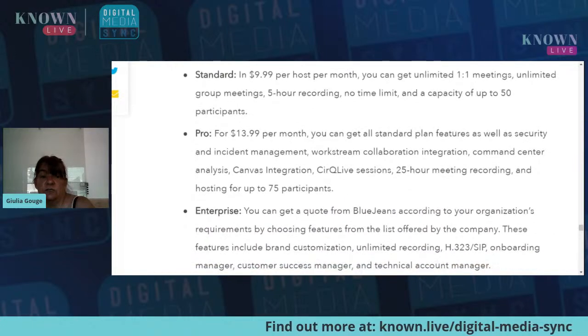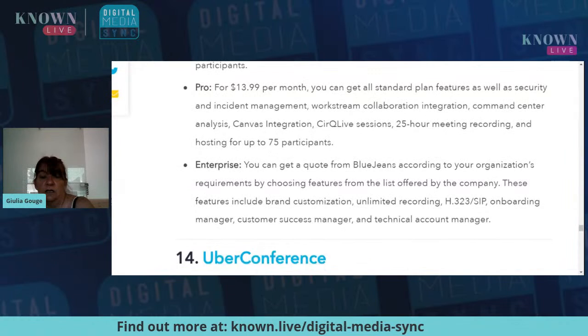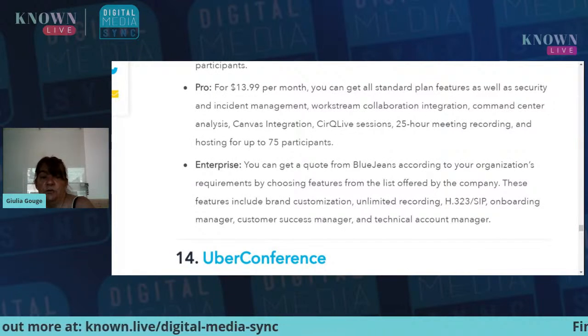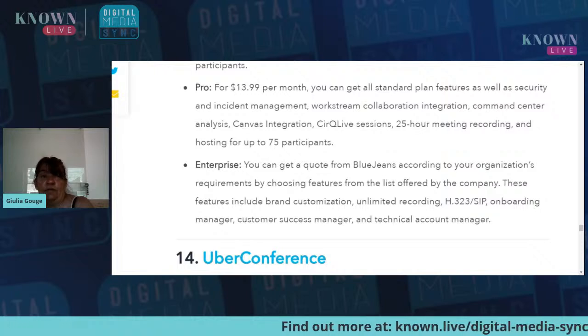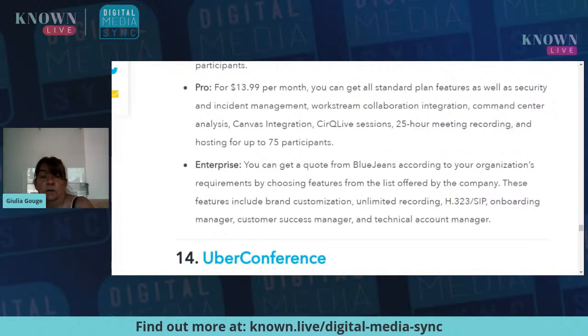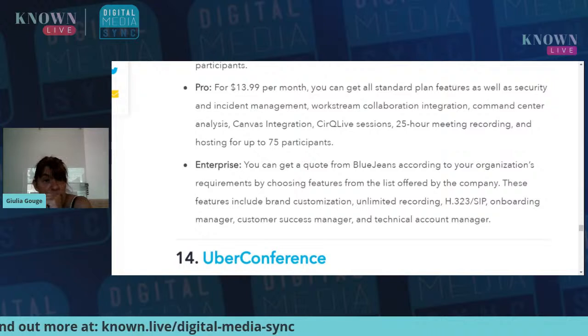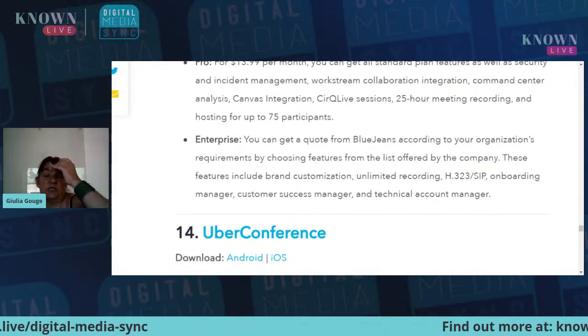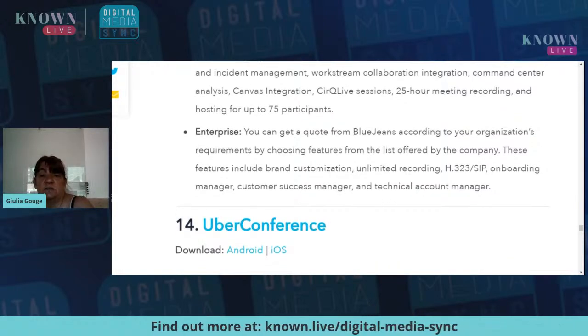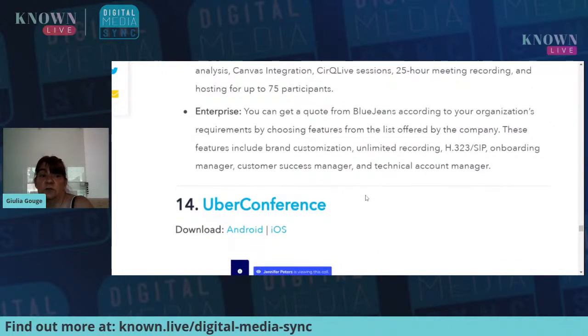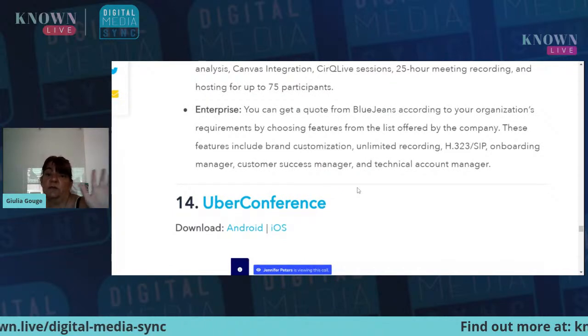And it goes to $13.99, and then Enterprise, this is when you have to call for the pricing. But it includes brand customization, unlimited recording, an onboarding manager, customer success manager, and technical account manager. So it has all the bells and whistles with getting help.